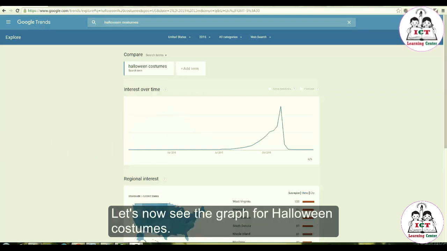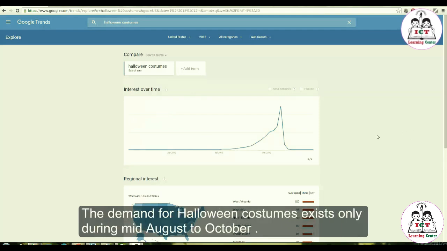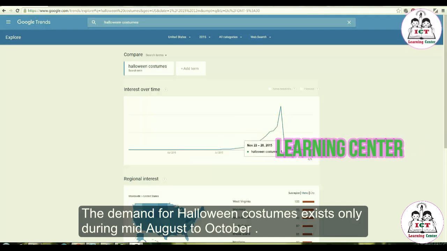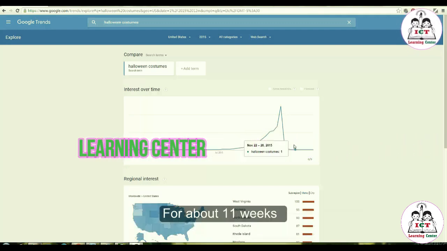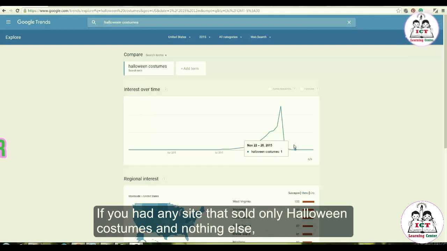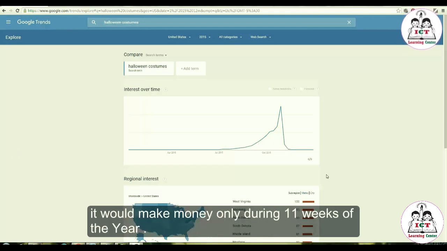Let's now see the graph for Halloween costumes. The demand for Halloween costumes exists only during mid-August to October, for about 11 weeks. If you had a niche site that sold only Halloween costumes and nothing else, it would make money only during 11 weeks of the year.